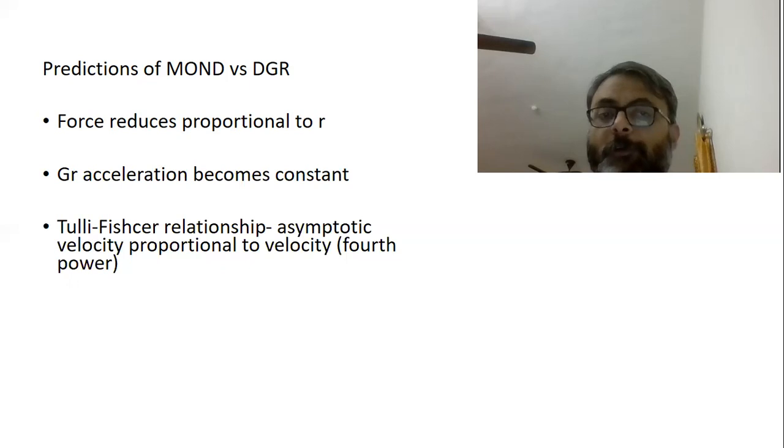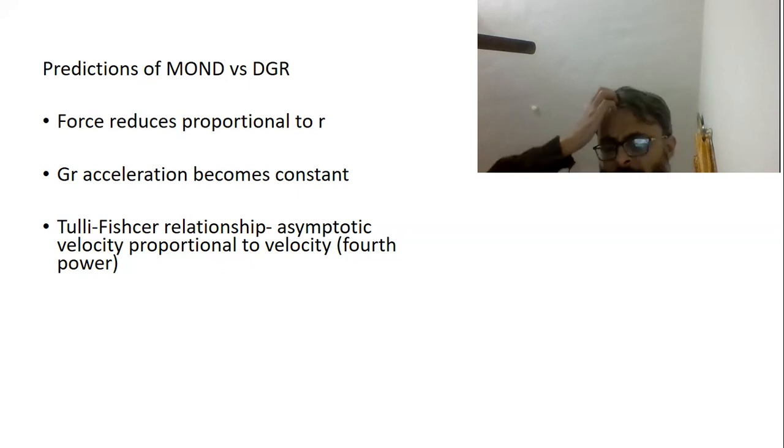It agrees very nicely with MOND: the force reduces proportional to the radius rather than proportional to the square of the radius, and the gravitational acceleration becomes constant instead of reducing with distance.